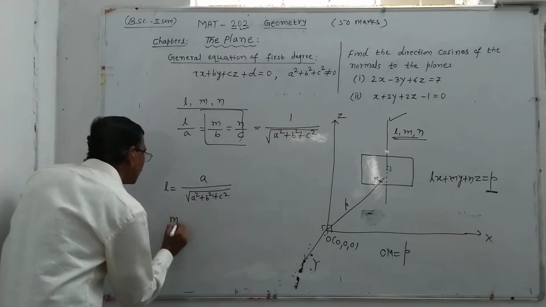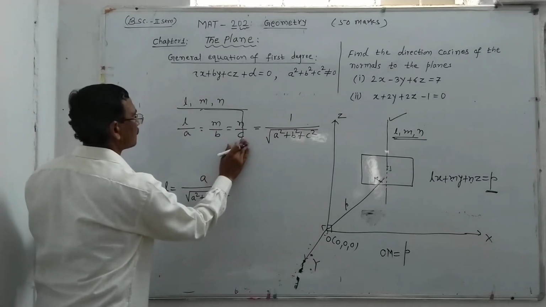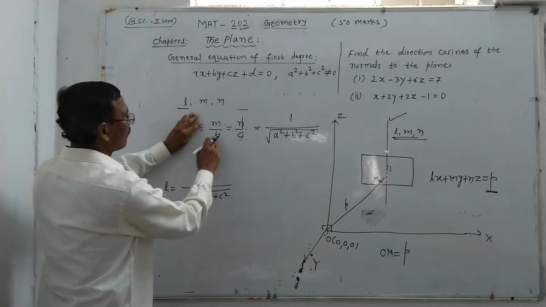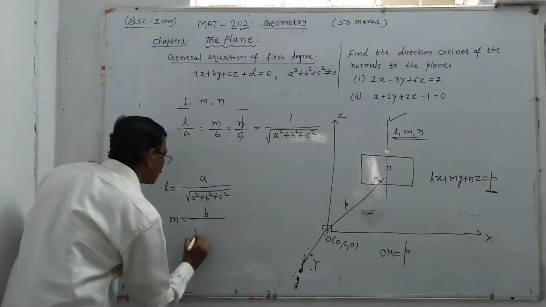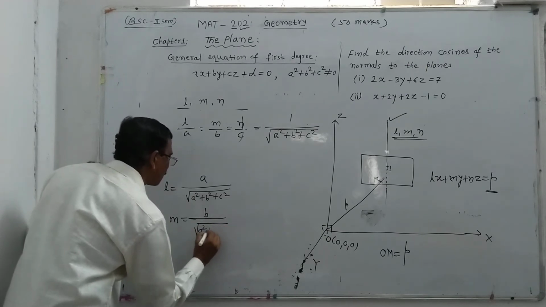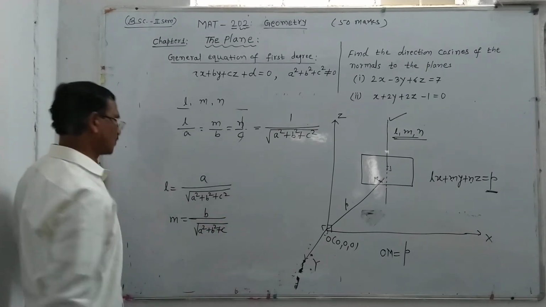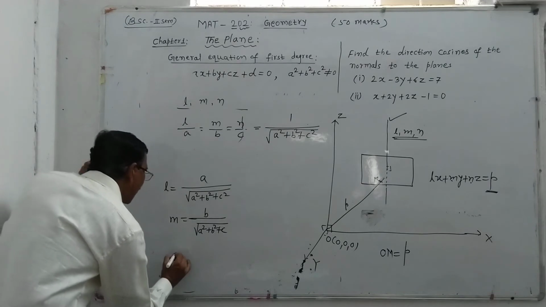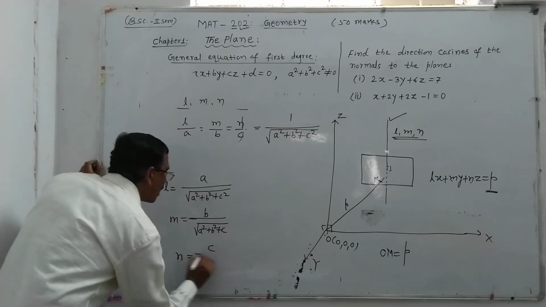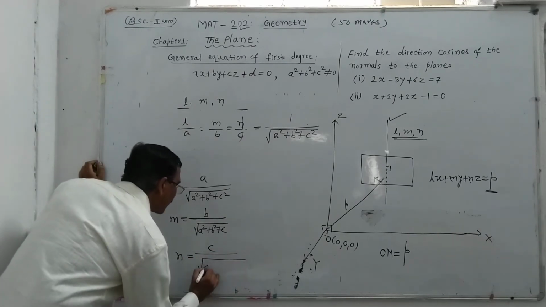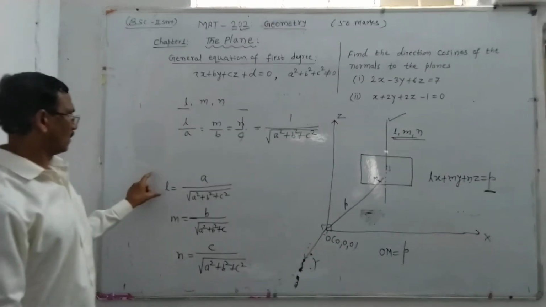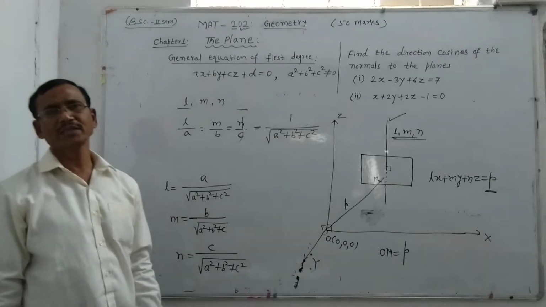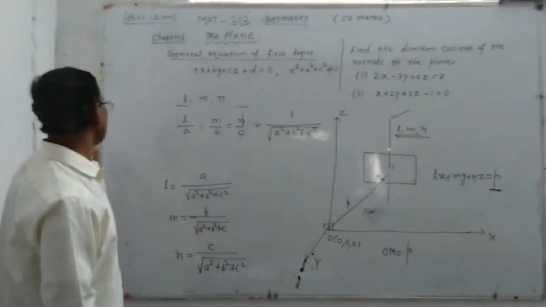M is equal to b upon square root of a square plus b square plus c square, and finally n is equal to c upon square root of a square plus b square plus c square. These are the relations between direction cosines and direction ratios.